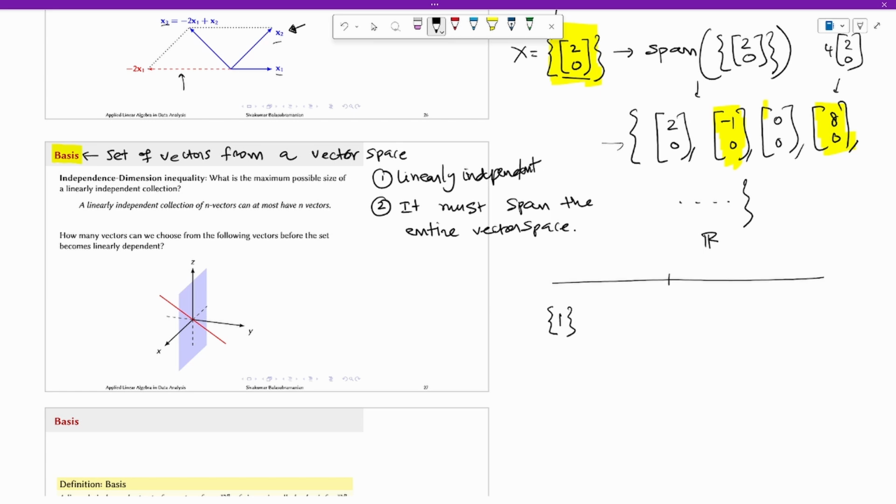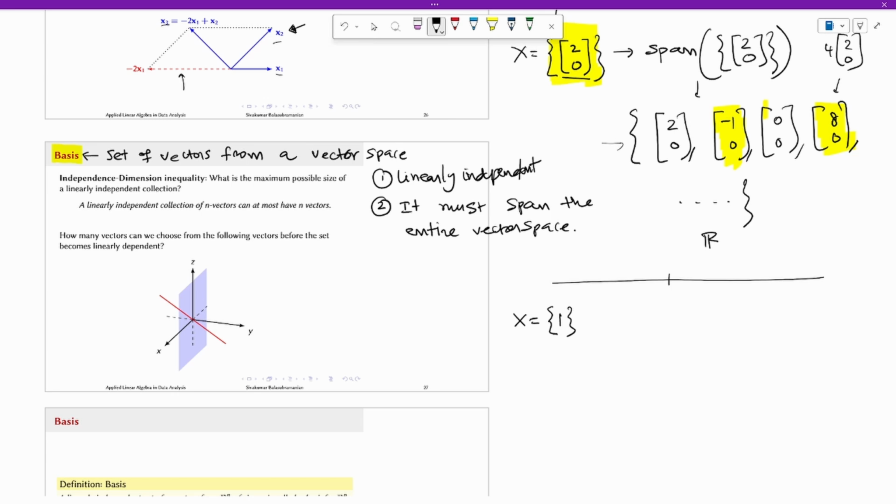This is a set. R is a vector space. I'm going to call this set X. I could ask, is this set a basis for R? Okay. Whenever they say that, it simply means, is this set linearly independent? Can I use this set to produce every element in my original vector space?